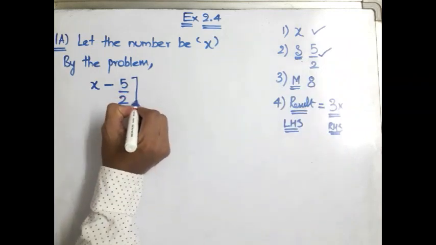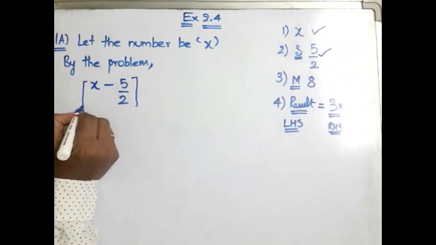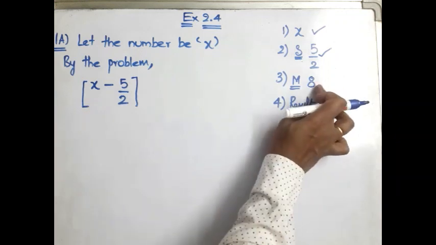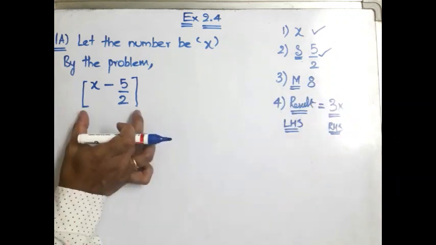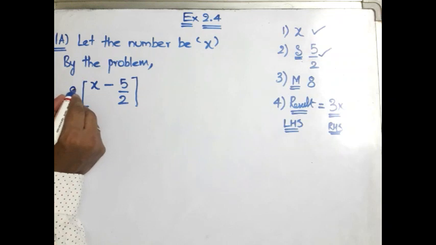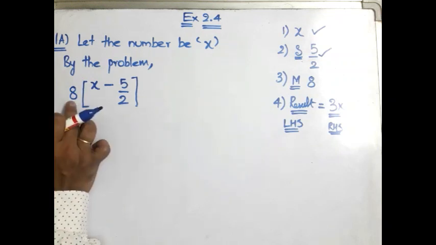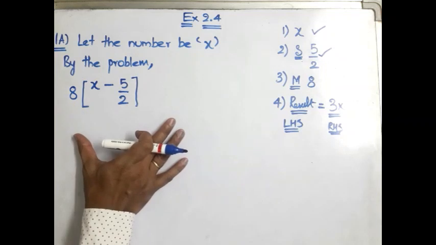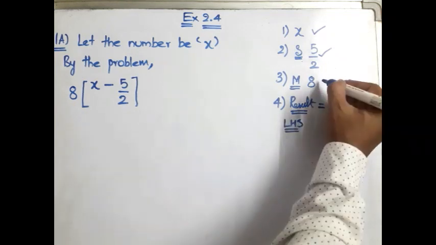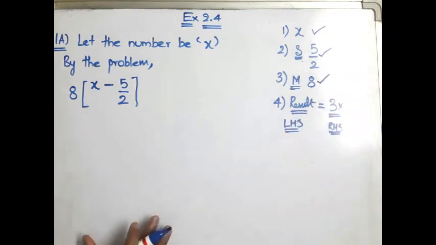Once you get some result, in the third step we have to multiply that result by 8. The bracket indicates multiplication, so 8 into (x minus 5 by 2). So we are done with the third step also.